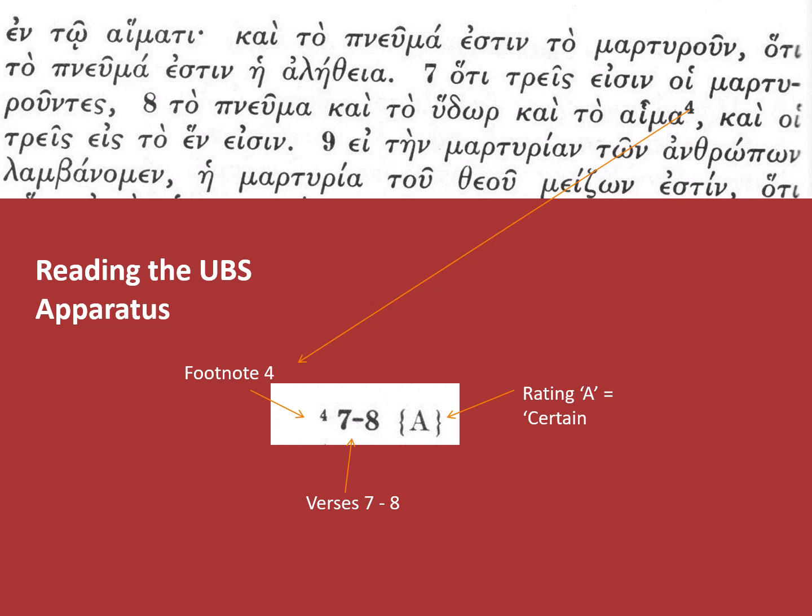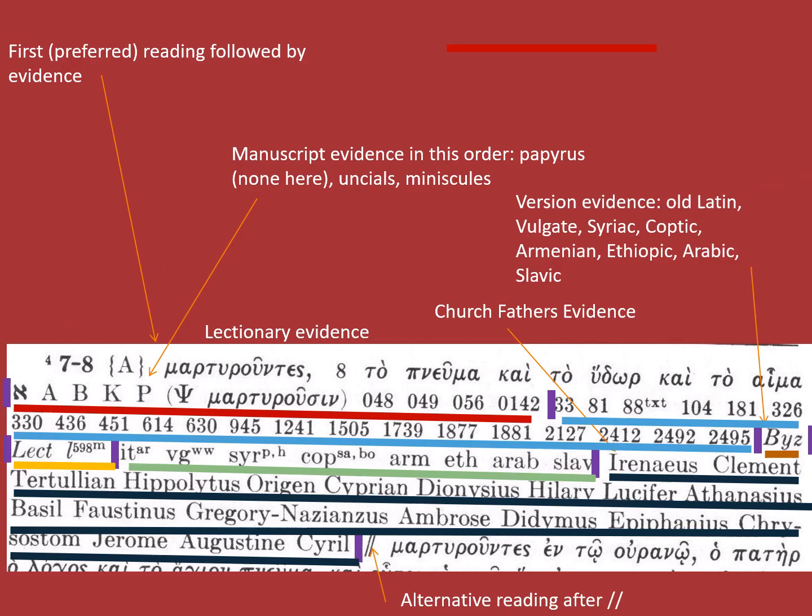So that's what we have with the UBS text, and we can now look at the apparatus. On this slide, we have the full evidence in the apparatus for the reading in the UBS edition for verses 7 and 8 in 1 John.